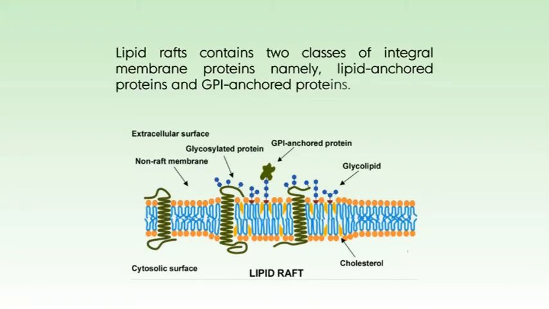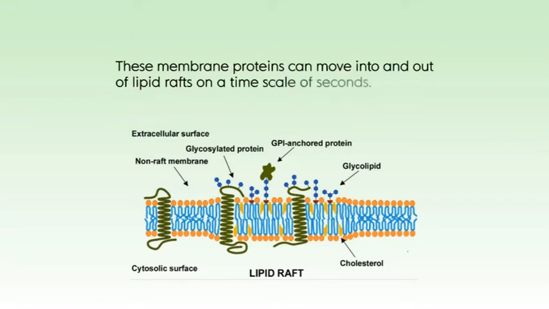These lipid rafts contain two classes of integral membrane proteins, lipid-anchored proteins and GPI-anchored proteins. These membrane proteins can move into and out of the lipid rafts on a time scale of seconds.